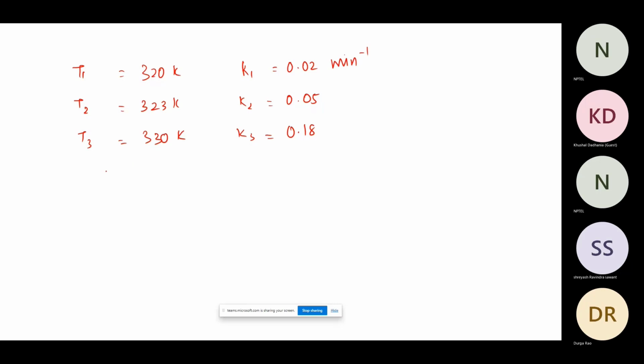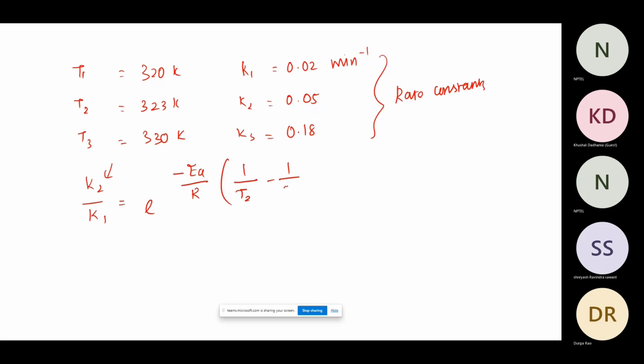These are based on formulas only, so you don't need to use any concepts. For finding the activation energy, K2 upon K1, which are the rate constants, is nothing but e power minus EA upon R, into 1 upon T2 minus 1 upon T1.